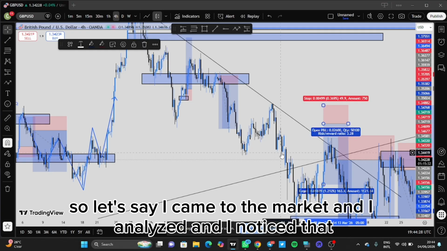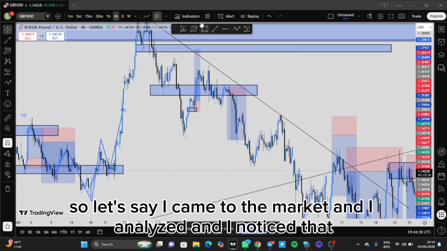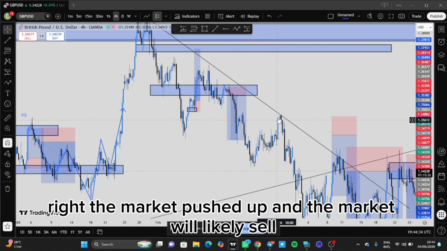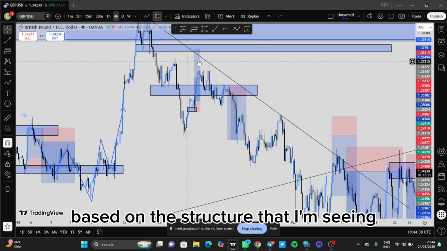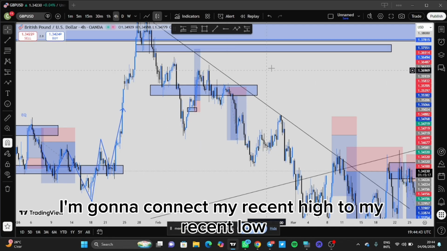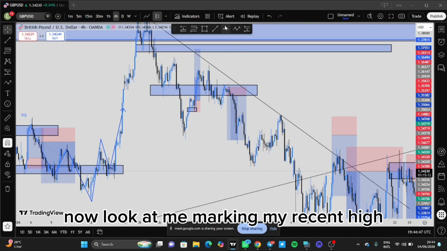So let's say I came to the market and I analyzed and noticed that the market pushed up, and the market will likely sell based on the structure that I'm seeing. All I have to do is simple. I'm going to connect my recent high to my recent low. Look at me marking my recent high.